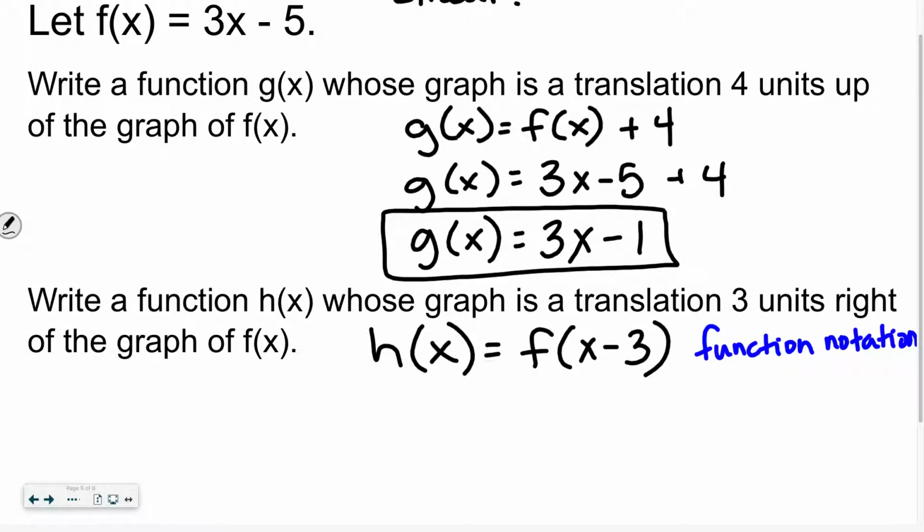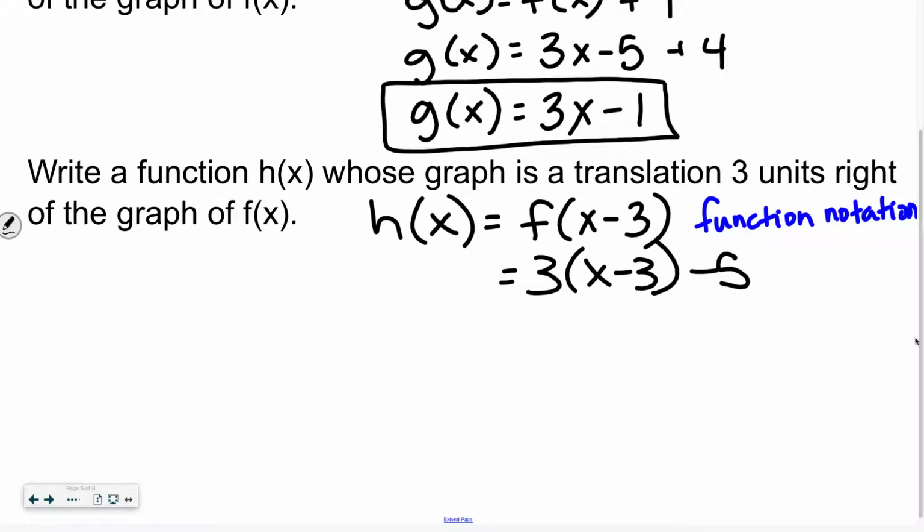Well, f is 3x minus 5. But now in place of x, I want to put x minus 3. So this is going to be 3 times x minus 3 minus 5.